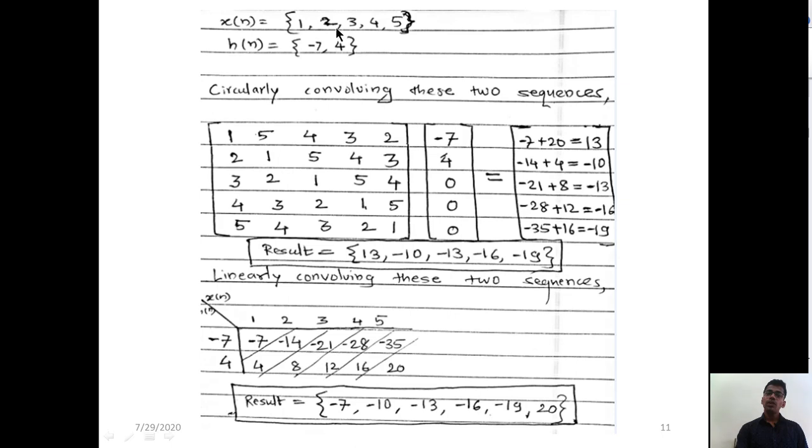When we circularly convolve these two sequences, we get this result which is 13, minus 10, minus 13, minus 16 and minus 19.